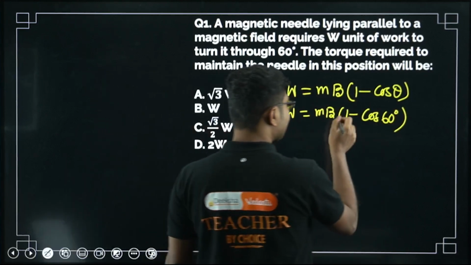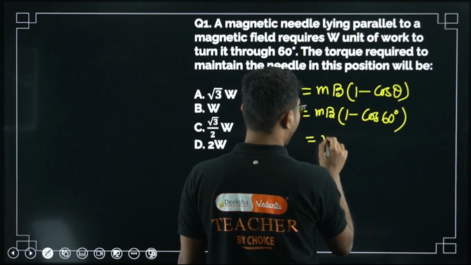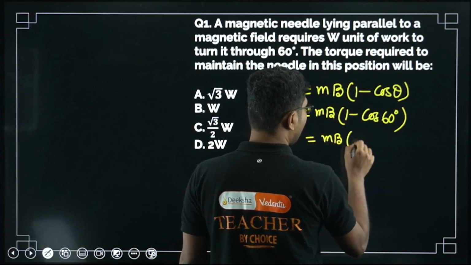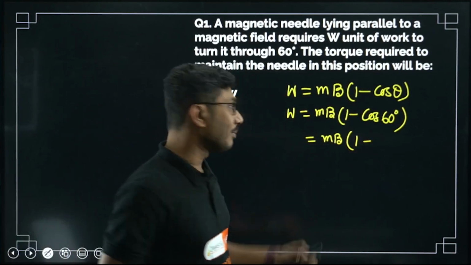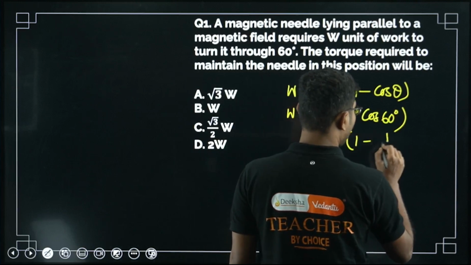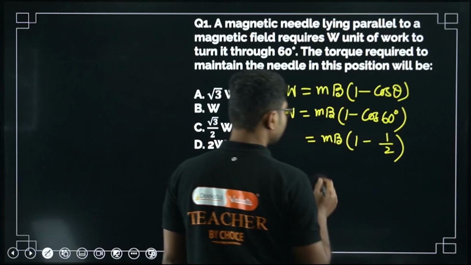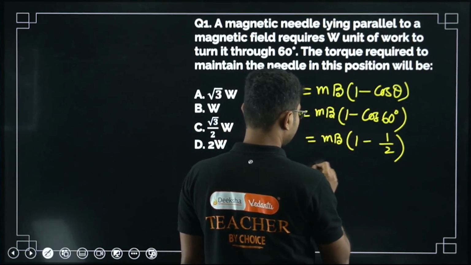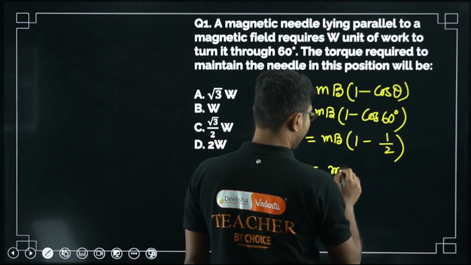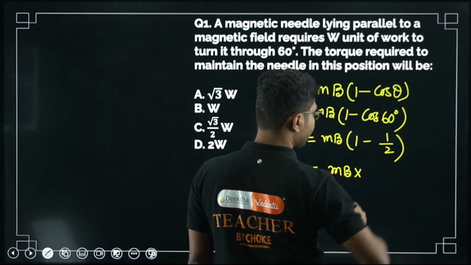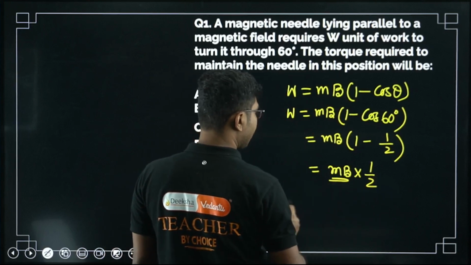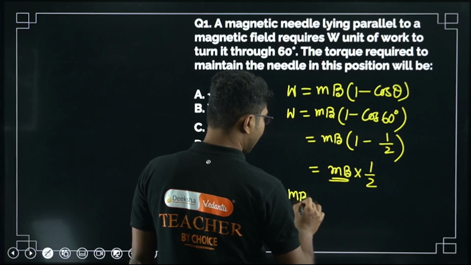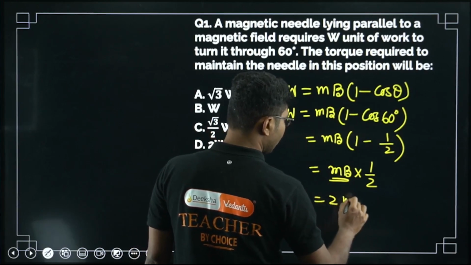Cos 0 is 1, that's why the first term is 1, minus cos 60 degrees, which is 1 by 2. So mB times half equals W. Now from there you can calculate mB is equal to 2W.